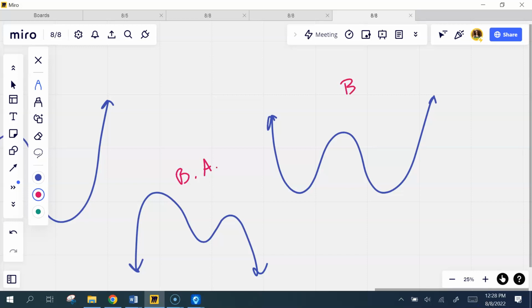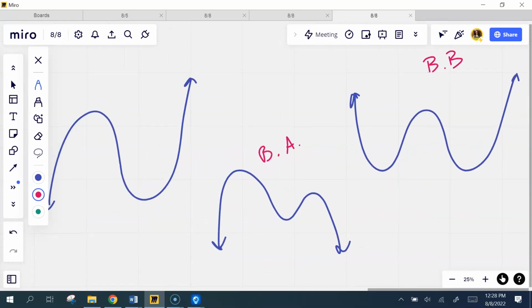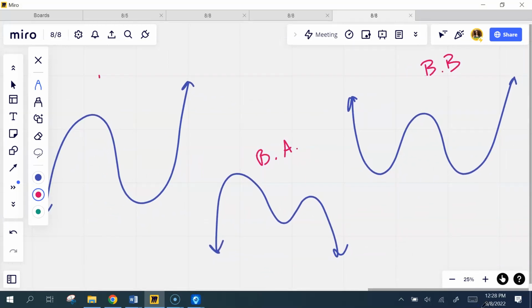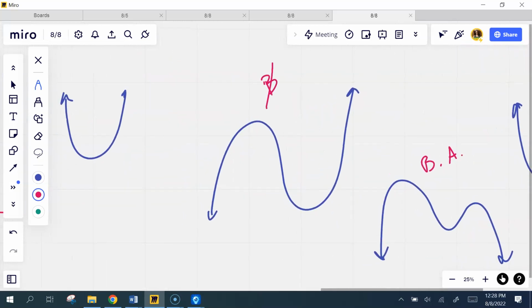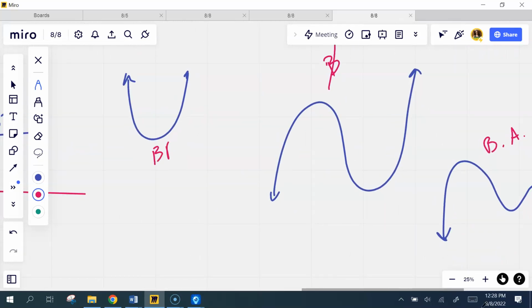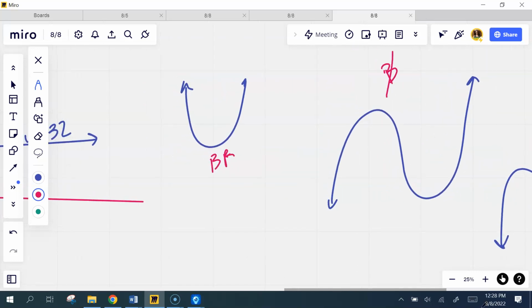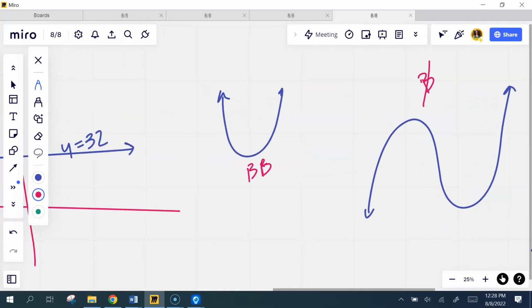This one would be bounded below. This one is not bounded. These are not technical terms here, y'all. And the straight line is just bounded. This one's bounded below. And this one is just bounded on its domain because it doesn't go above or below a certain point.